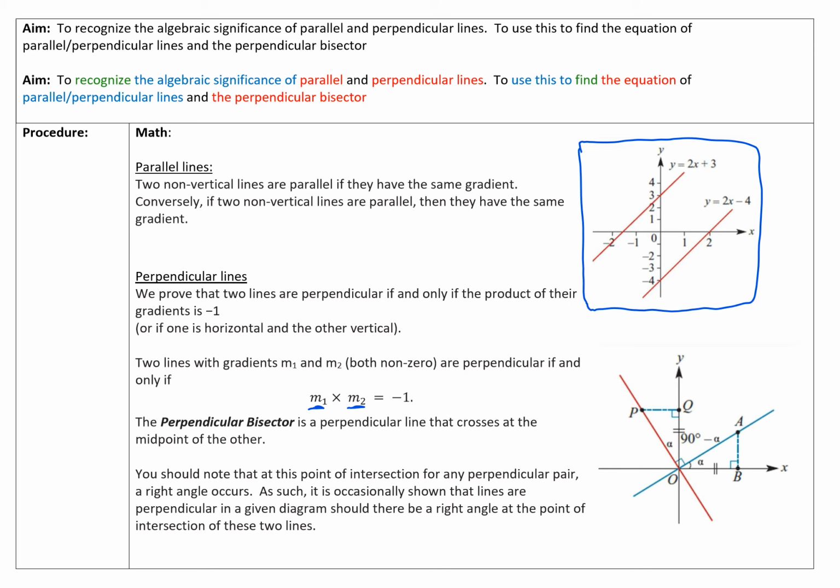In practice, that means that m1 should be equal to -1 on m2. An easy way to think about this is that to find the perpendicular gradient, we need to flip and negate. So flip the fraction and put a negative next to it.